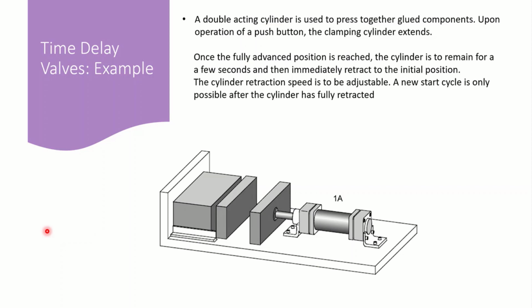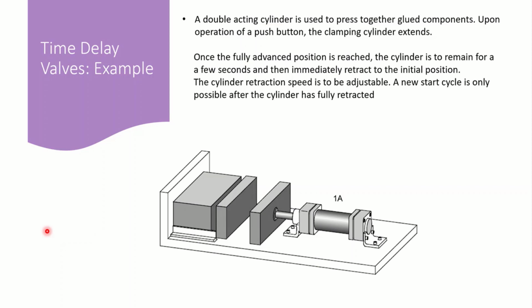That circuit is probably connected to a twin pressure valve, and as you know, a twin pressure valve needs to be actuated from both sides. When it reaches the fully retracted position, we have one side of that twin pressure valve actuated and the other side not actuated, which means we have a push button that can provide the air for the other inlet of the twin pressure valve, and from there we can start a new cycle.